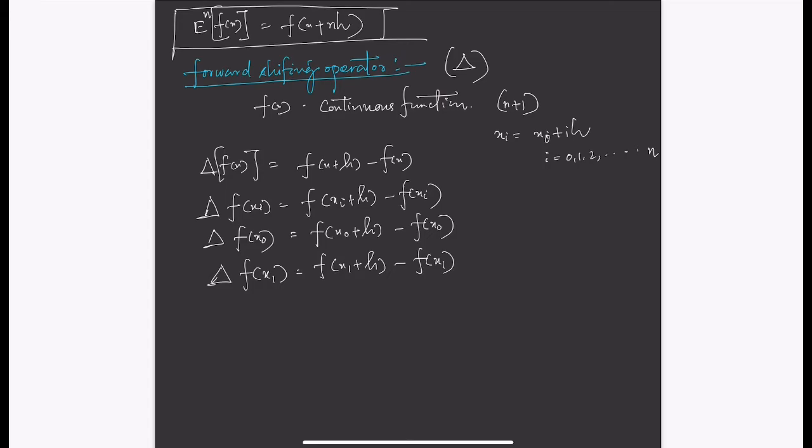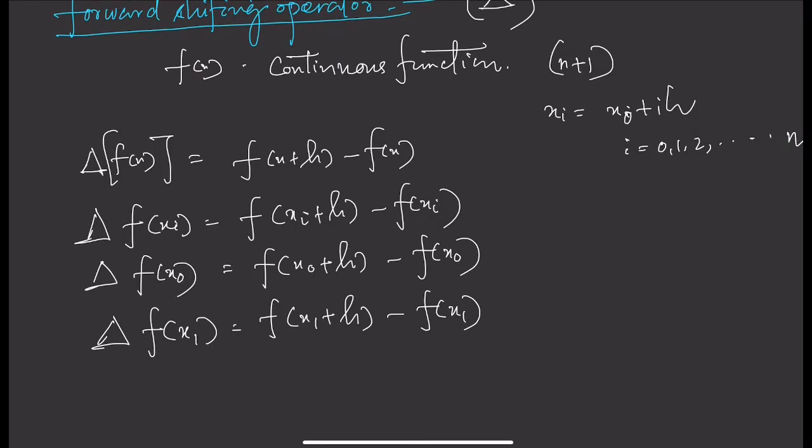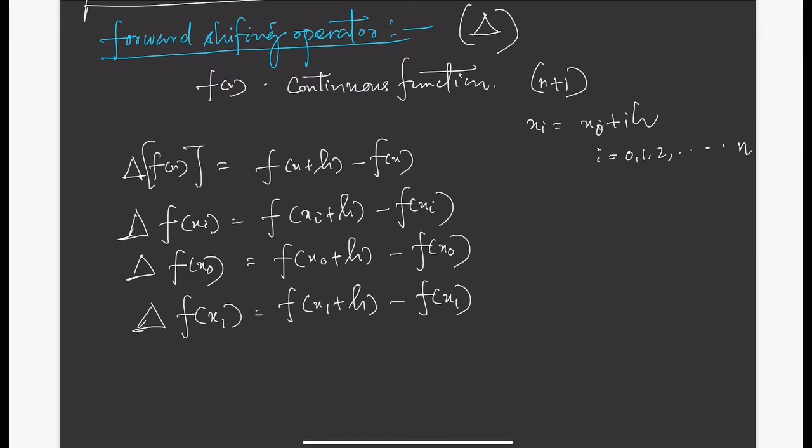You can write this like this also: f of i plus 1 minus f of i. This one you can write f of 0 plus 1 minus f of 0, and f of 2 minus f of 1.